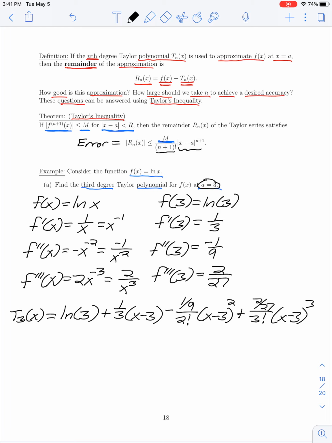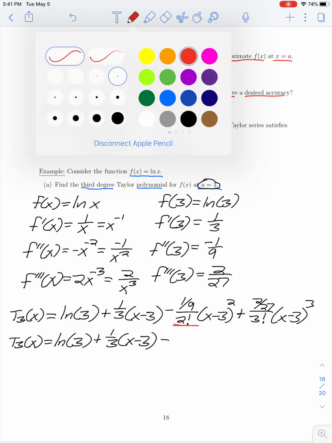So let's simplify these coefficients a little bit. Our first two terms aren't so bad. We have log 3 plus 1/3 of (x − 3). And then minus, let's look at how we can simplify this coefficient. We have 1/9 divided by 2 factorial, or 2. So 1/9 divided by 2 gives us 1/18 times (x − 3) squared.